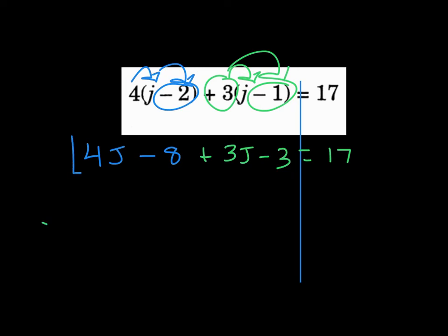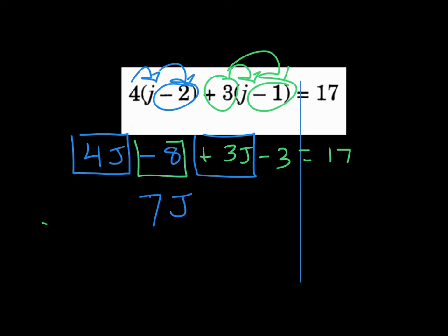So I'm going to put 4j plus 3j together. So 4j plus 3j is going to give me 7j. And then I can also put negative 8 and negative 3 together, which is going to give me negative 11, and that equals 17.